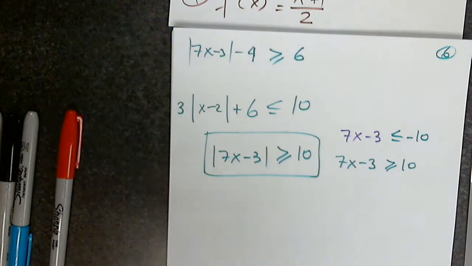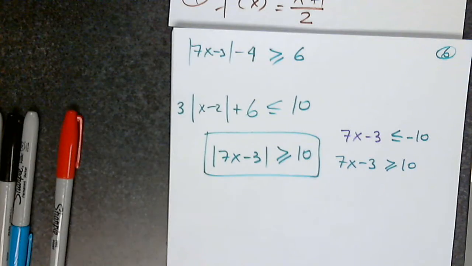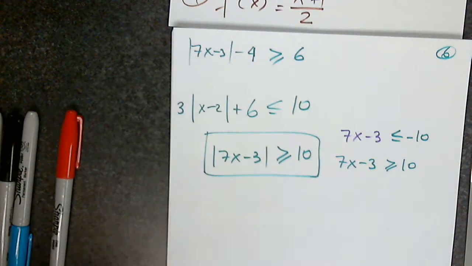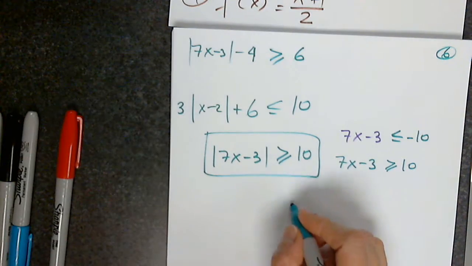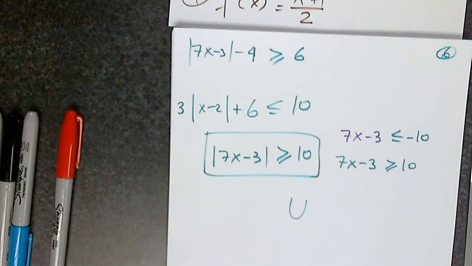Of course, because it's this. To the right-hand side of 10, or, that's why we'll have the union, or left-hand side of negative 10. Awesome. So let's solve them. And please give me the solution with the union. Very good.